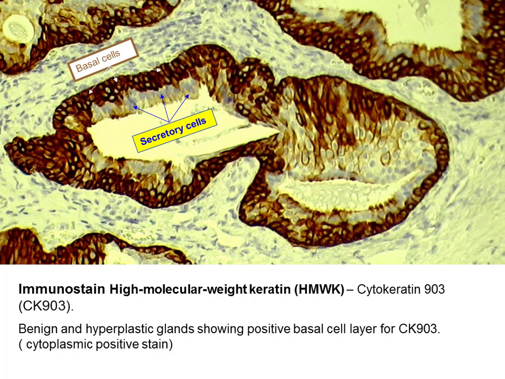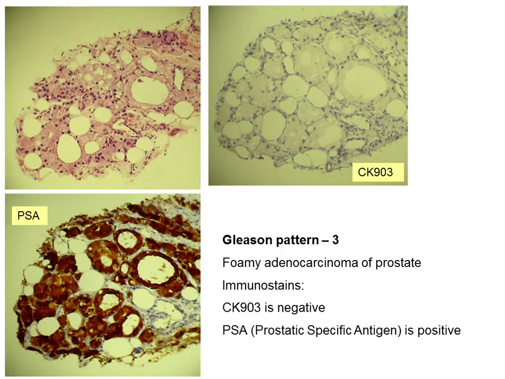For the identification of the basal cells, we use cytokeratin 903 or maybe P63, which is also a cytokeratin. And these markers give us the possibility to differentiate a malignant condition, cancer of the prostate, from benign prostatic hyperplasia or just a simple gland.